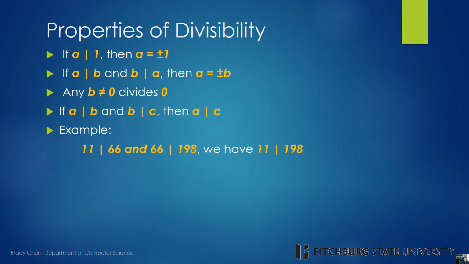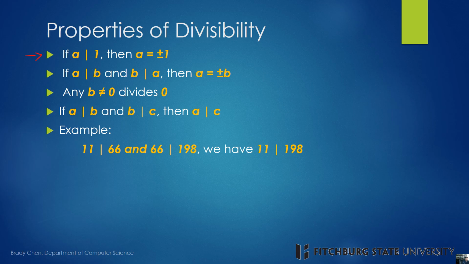Let's talk a little bit more about divisibility. Some of the properties listed here are very trivial. Let's take a look at each of these. First, if A divides 1, then A could be either 1 or minus 1.